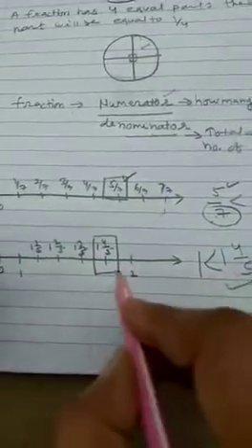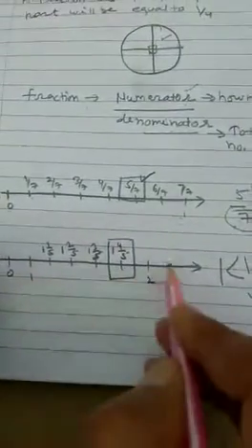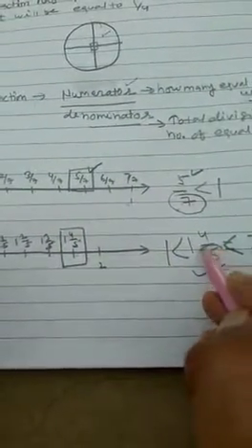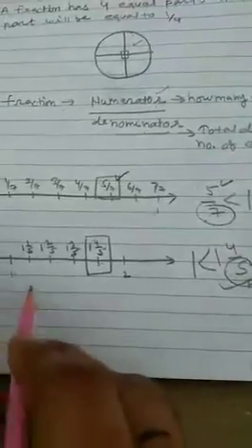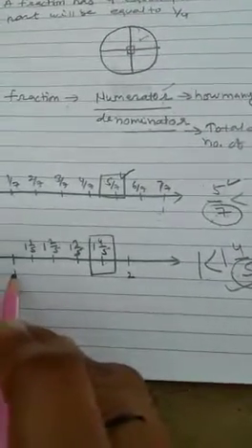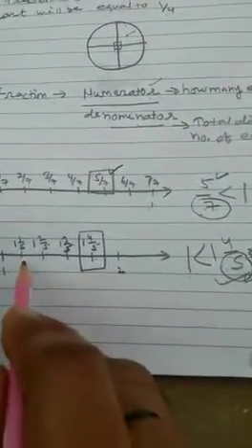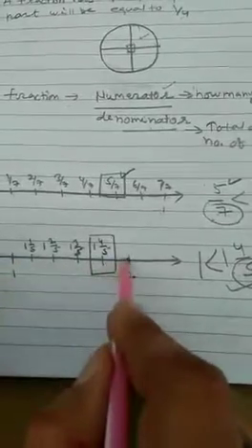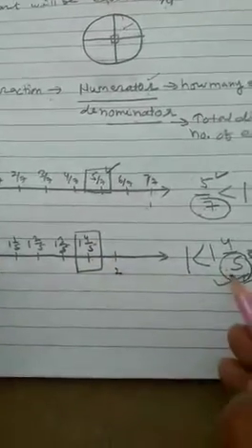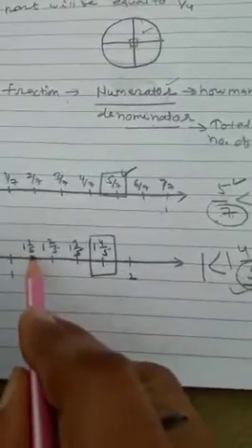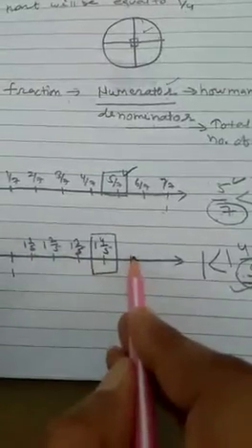So on the number line, here the denominator is 5. See the denominator. So we divide the part between 1 and 2 into 5 equal parts. 1, 2, 3, 4, and 5.